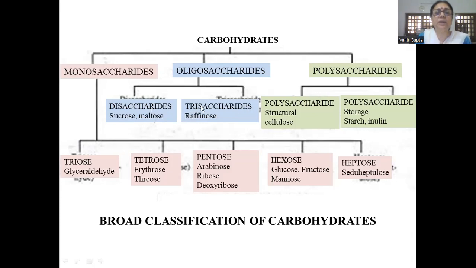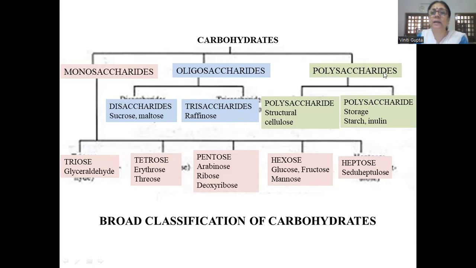If 3 molecules combine, they will give out 2 molecules of water. So, if X molecules combine, they will give out X minus 1 molecules of water. So, if we have monosaccharide units up to 10, then they are called oligosaccharides.